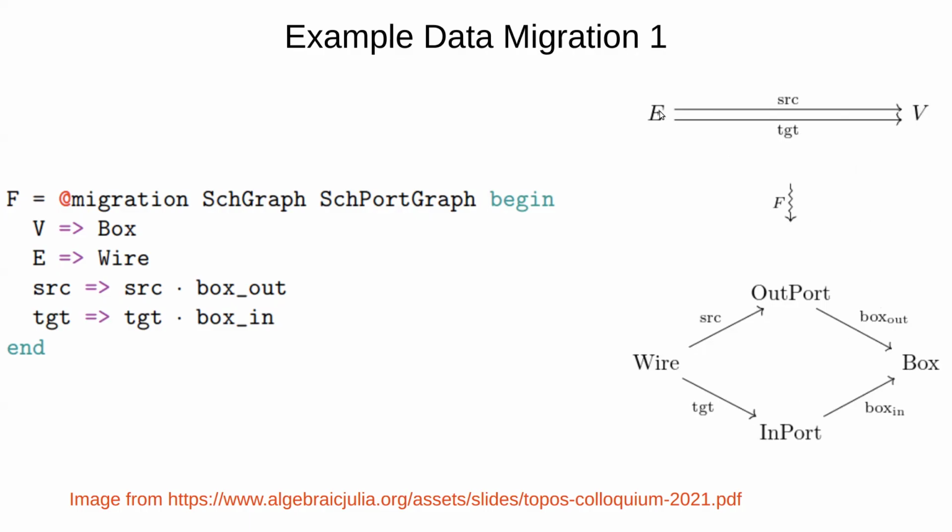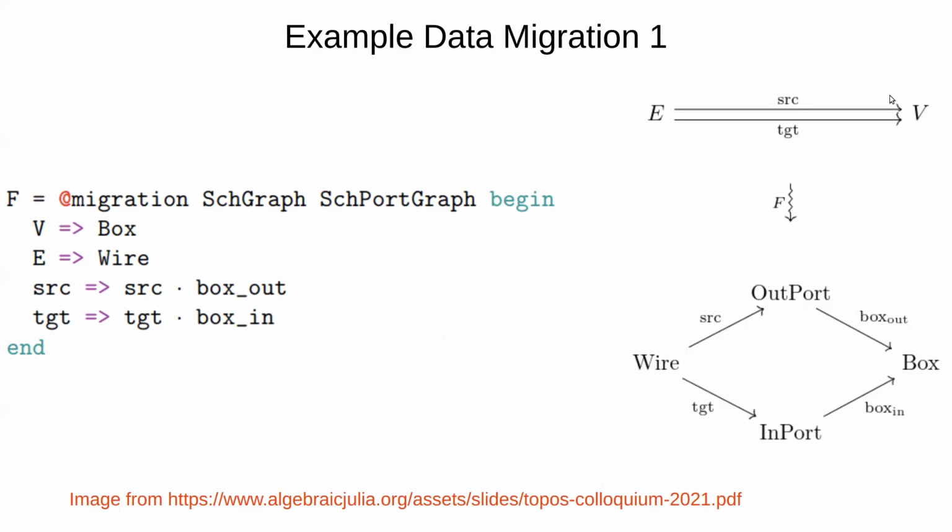I want to map E to Wire. And I want to map source to, down here, source, and then box out. Actually, I think it's contravariant, so I think it's in, no, I think that's right. And then target to box in. Basically, this provides something that's very consistent. E went to Wire.